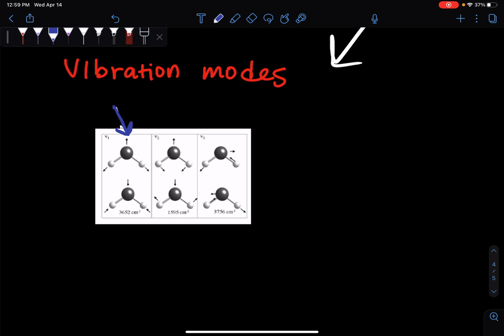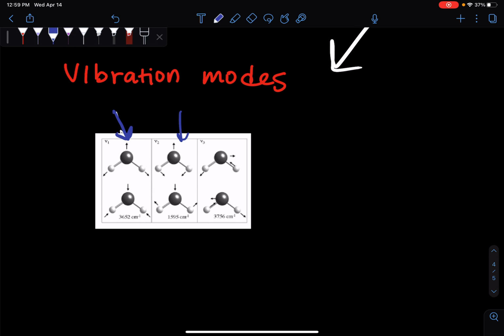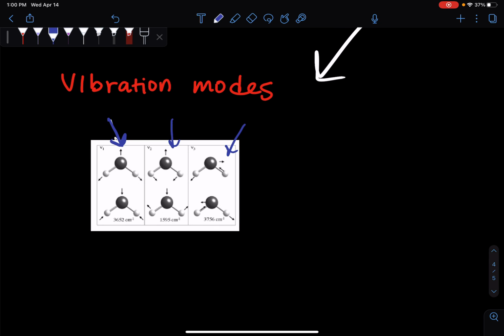This one right here is showing that the atom in the middle is vibrating up and down, and the ones on the outside are also going up and down. This one's going to be a bending mode, infrared active. And lastly we have this one, where the bonds on the outside are being shortened and lengthened, and this is going to be an asymmetric stretch, infrared active. That's pretty much what you need to know about vibration modes.